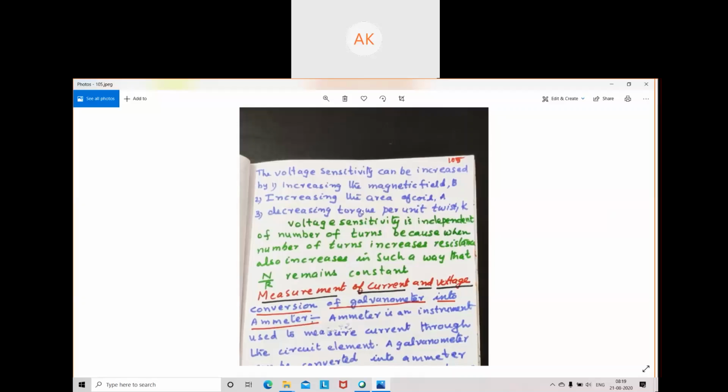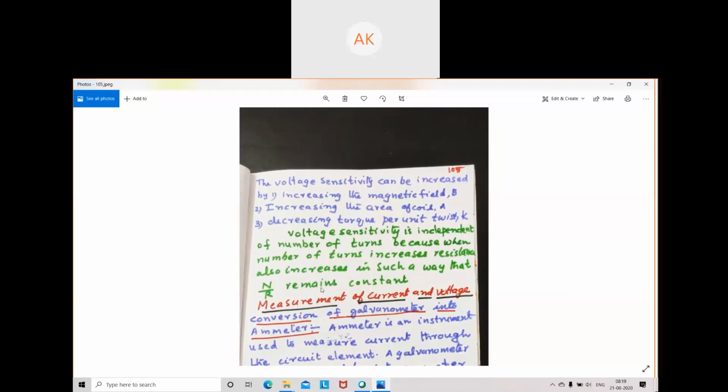But one thing you must be careful about: voltage sensitivity is independent of the number of turns, because when the number of turns increases, resistance also increases in such a way that N by R remains constant.